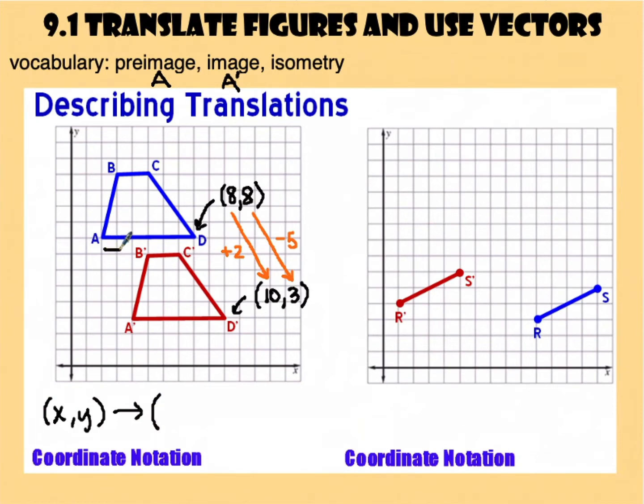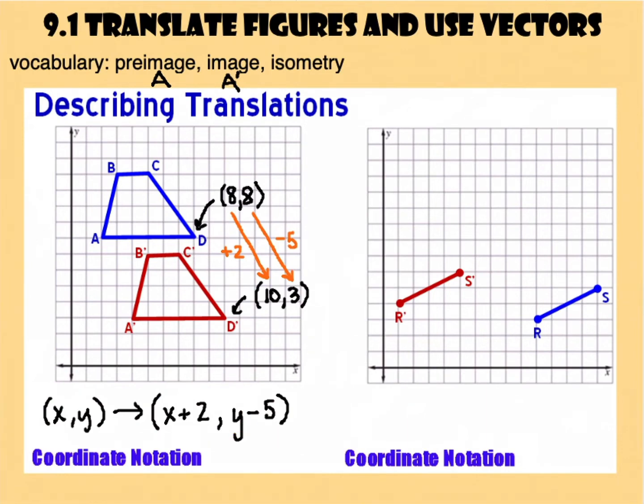Well, since each x value gets moved to the right by 2, we'll write x plus 2. And then each y value gets moved down by 5, so the y value will transform into y minus 5. And again, all that tells us is that we are moving right 2 and down 5 for every ordered pair.